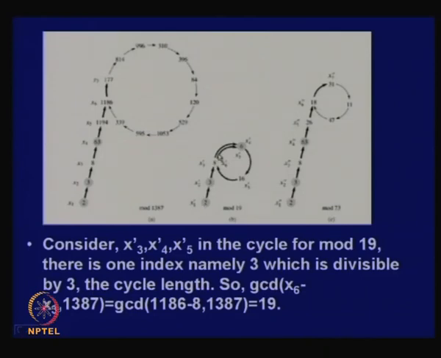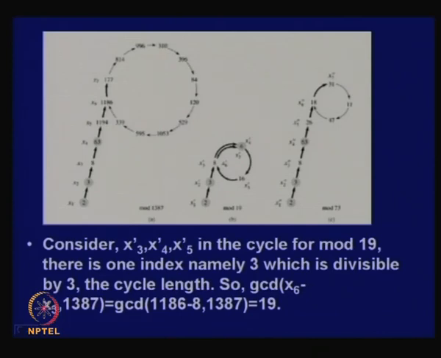You see that in this case the cycle has a length of 3: x1, x2, x3. In this case 3 is the first number which is divisible by the cycle length. Therefore, x3 and x6 should also collide.